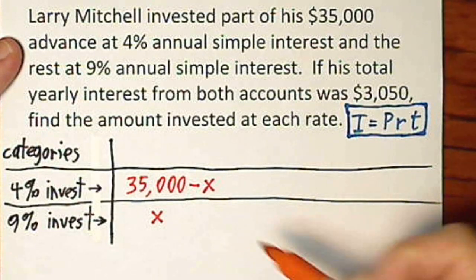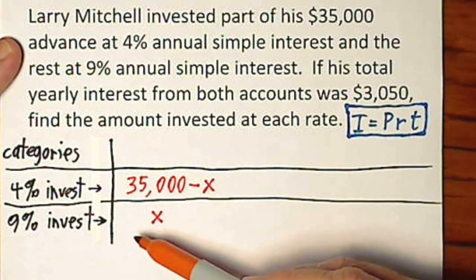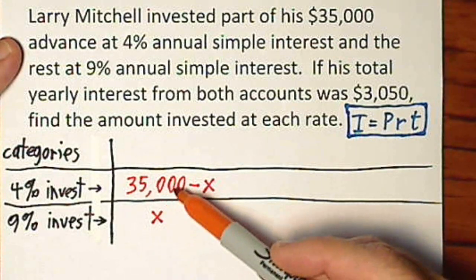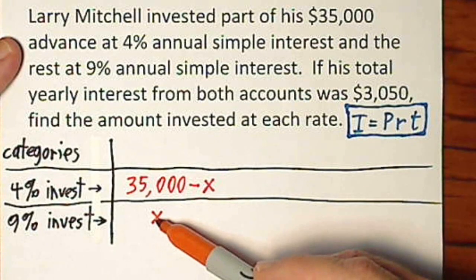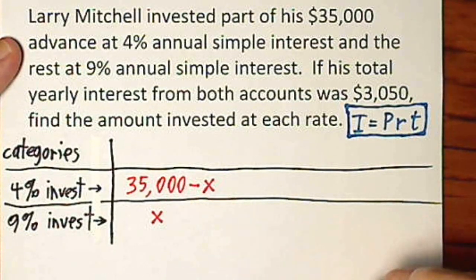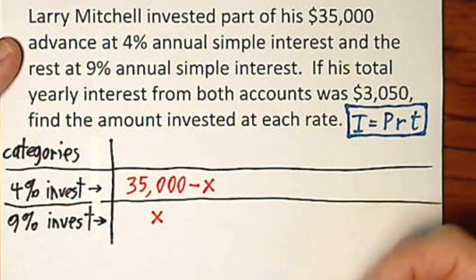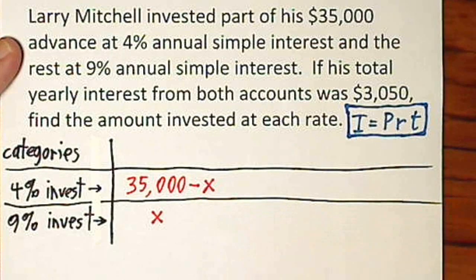And by the way, I could have done this. I could have written 35,000 down here, subtracted X, and then just had a lonely X up top. Okay, that part is arbitrary. It might seem strange, but as we say, it just works itself out in the wash.